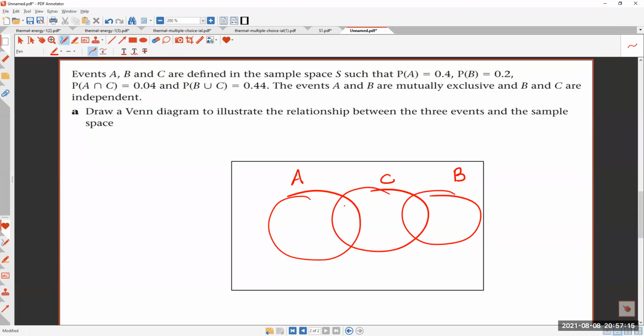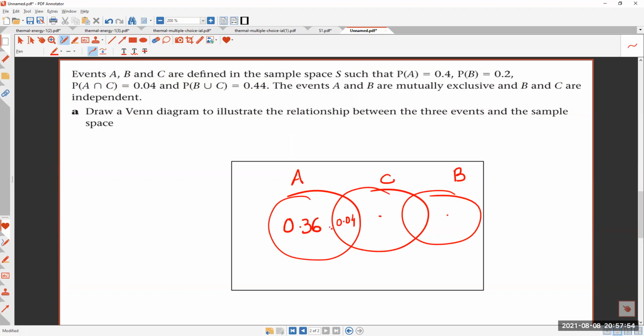Okay, so A and C is 0.04. Now B union C is 0.44, meaning if you total these two you get 0.44. PA is 0.4, so 0.4 minus 0.04 is 0.36. That is right.